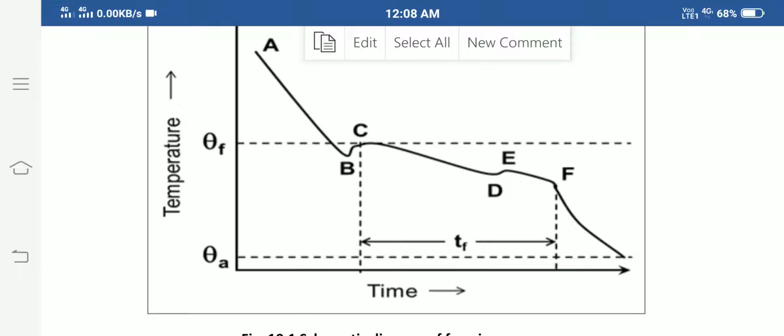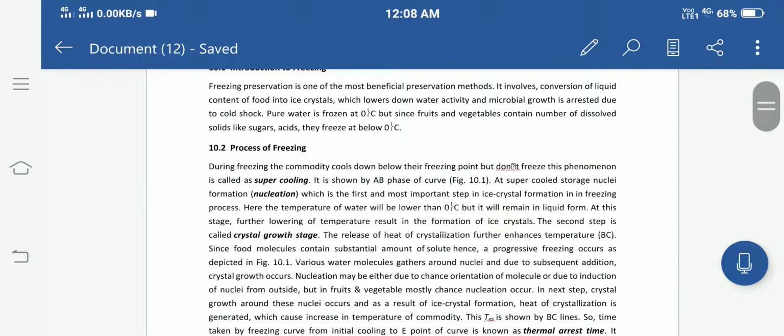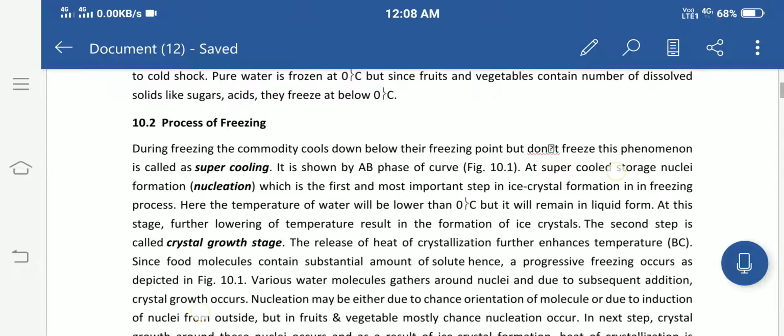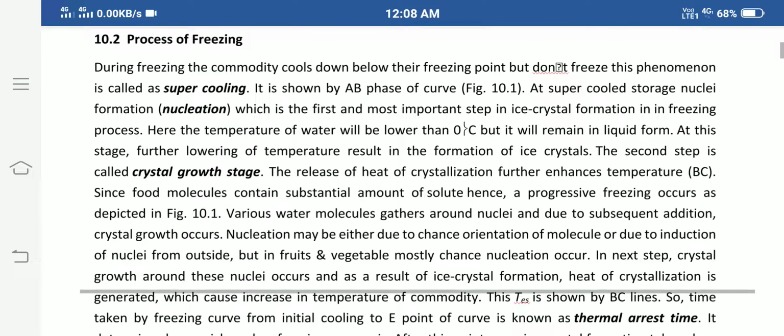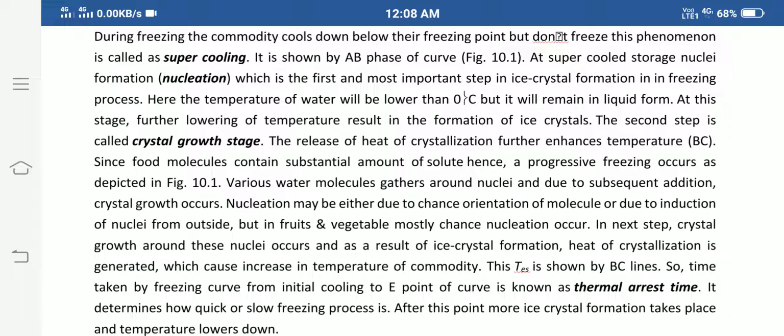Now, this difference is known as supercooling phenomena. Now, we can understand why this sentence is saying during freezing the commodity cools down below its freezing point but doesn't freeze, as we can see in the AB phase of the curve.